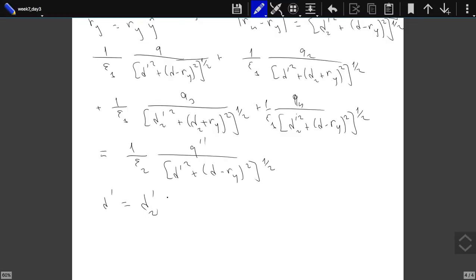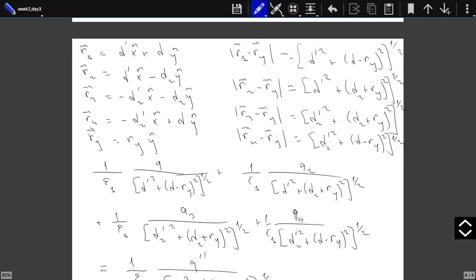And if this is satisfied, then 1 over epsilon 1 times q plus q4 should be equal to 1 over epsilon 2 times q double prime. And the other two terms are already in the same form.